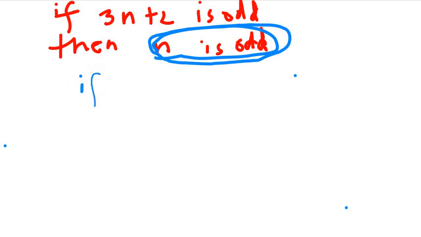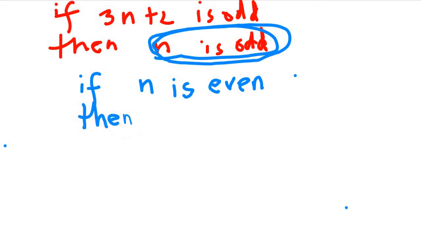So if n is even, or not odd, then 3n plus 2 is also even.